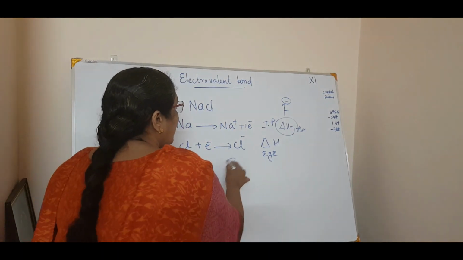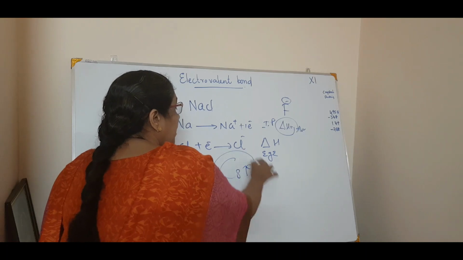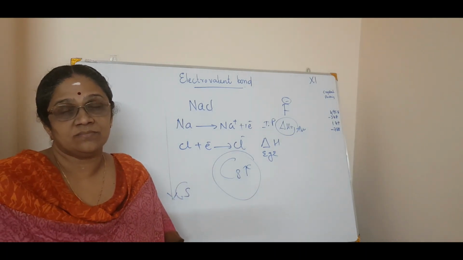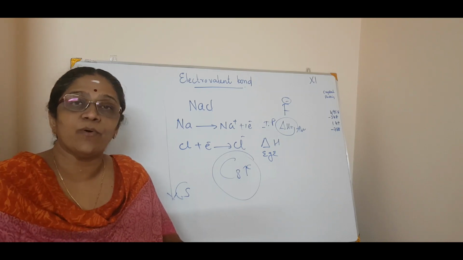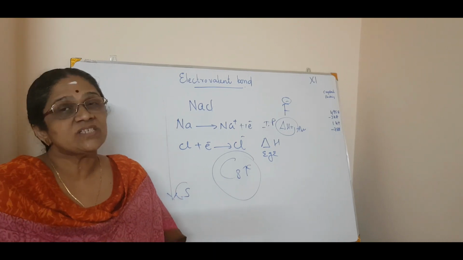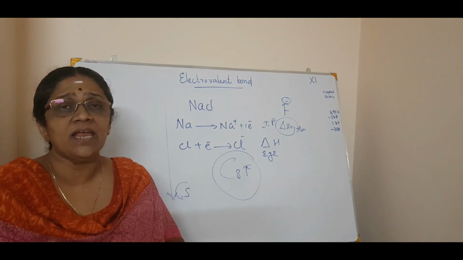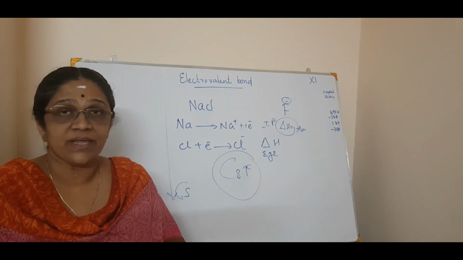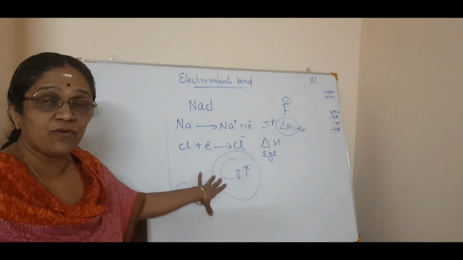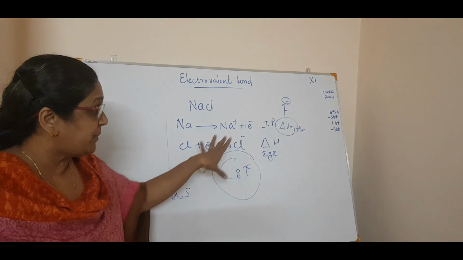Then what is the compound? Cesium fluoride is the ionic compound. Even though it is not a 100% ionic bond, definitely it will have 99% ionic character. So that is why the strongest ionic bond is formed between cesium and fluorine.